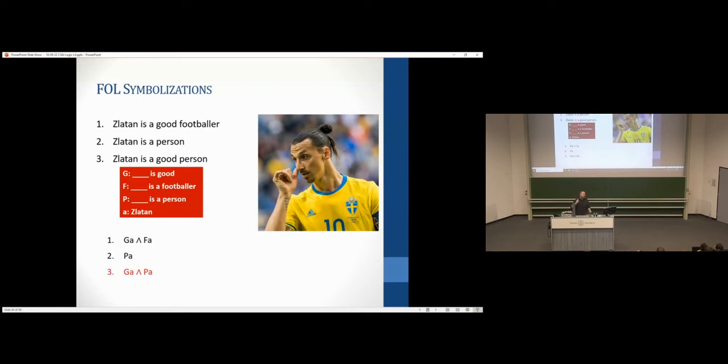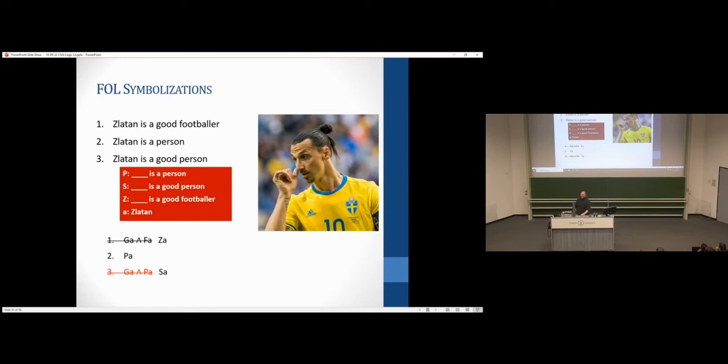The real move would be to do this. We need a symbolization key like this, where we have is a person, is a good person, and is a good footballer. And if we have this key, we can get the right things. Because now 1 and 2 do not entail 3.